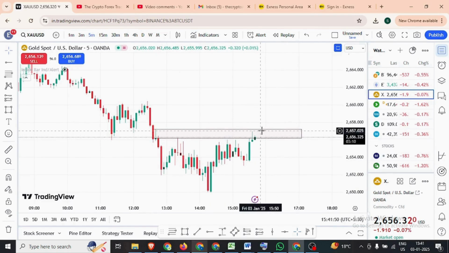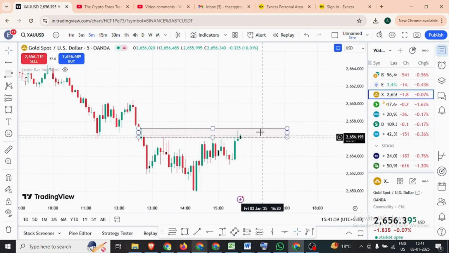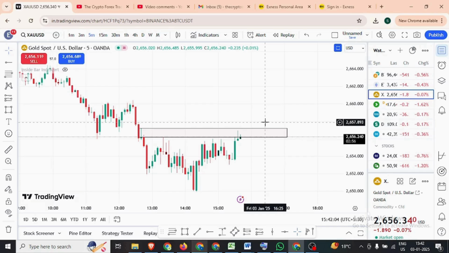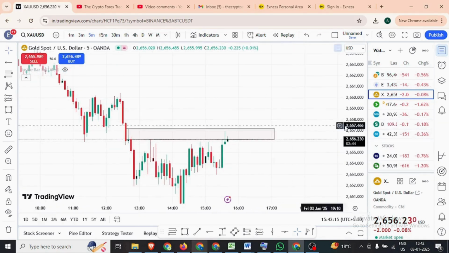If it breaks out this level and gives the inside bar, you can enter into a trade above the high of the mother bar candle. Based on this structure, it can be a quick profit booking trade, and that can be 1:1 as well.